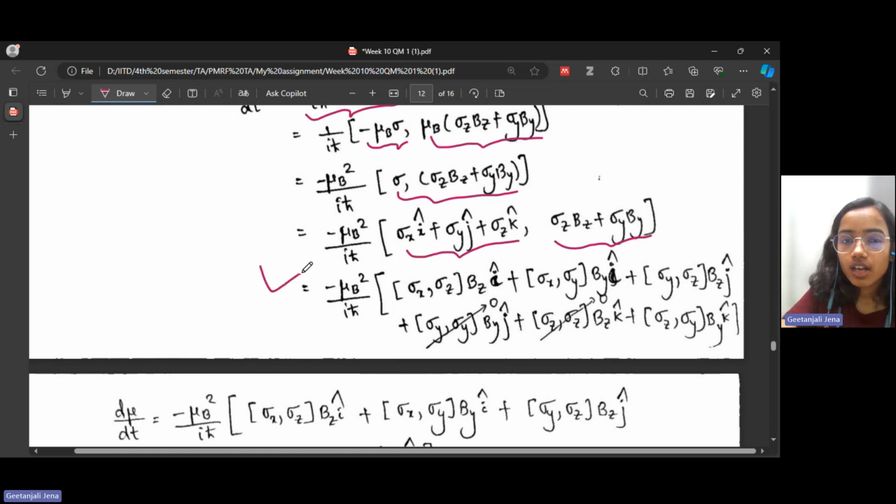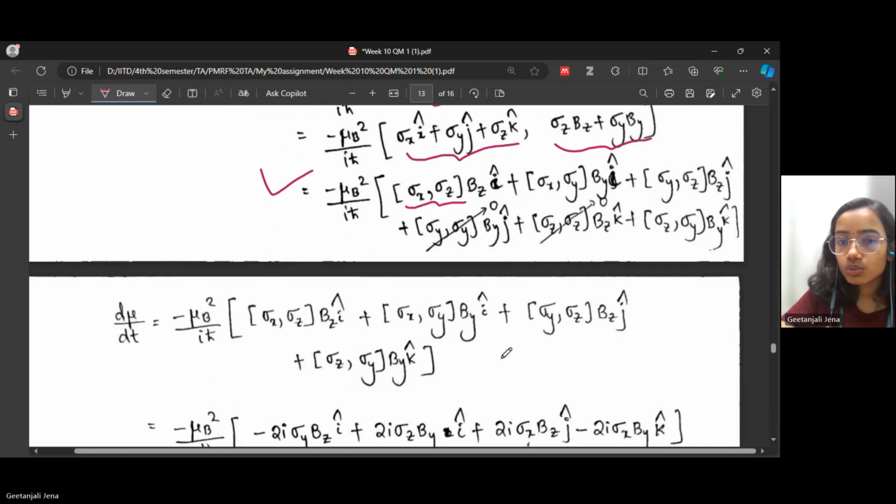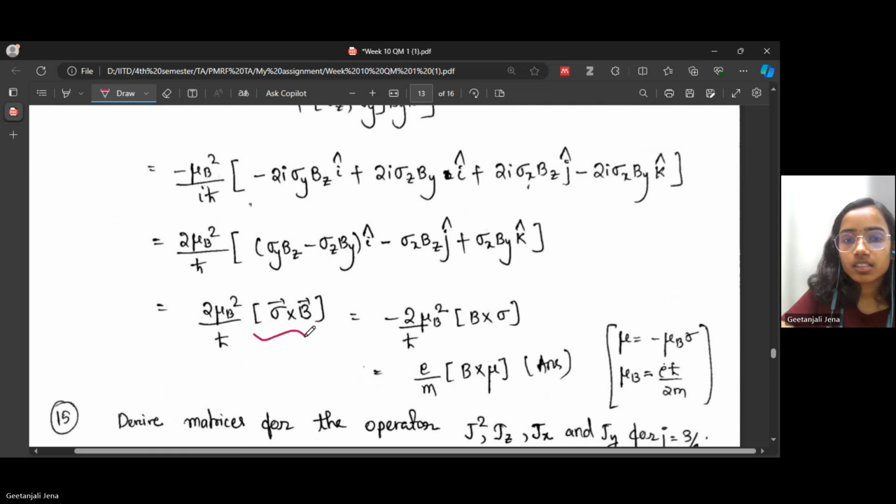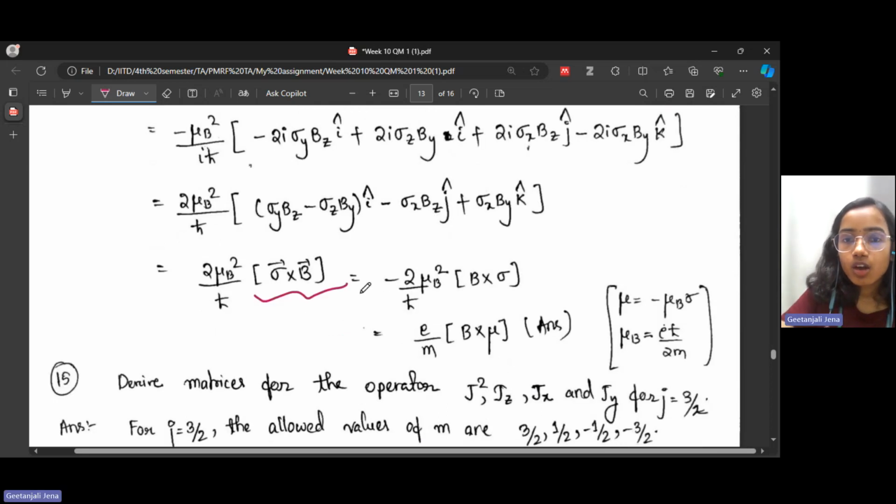In the second part, I have used the commutation relation term by term, using the properties of the Pauli matrix commutation relations. Use this and you will get a term like the cross product of sigma with B. Now if you use the expressions for mu and mu B, you can easily find that the time rate of change of magnetic moment is given by e by m B cross mu.